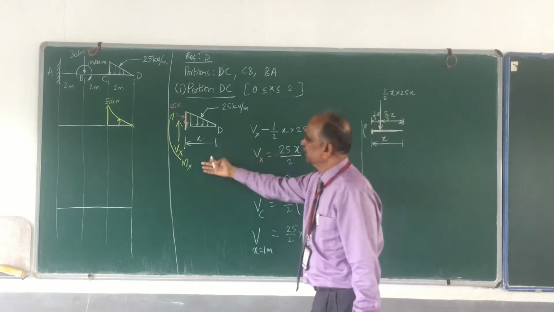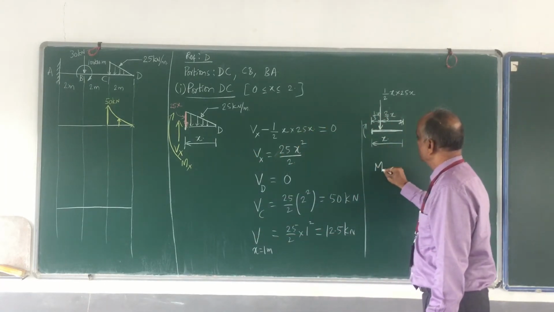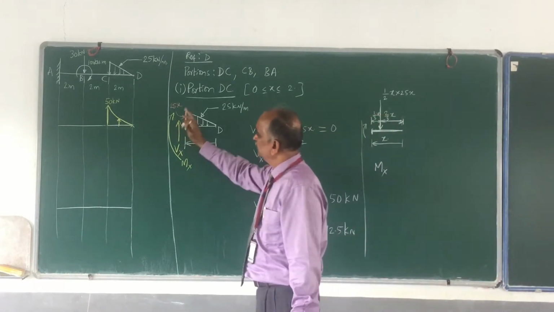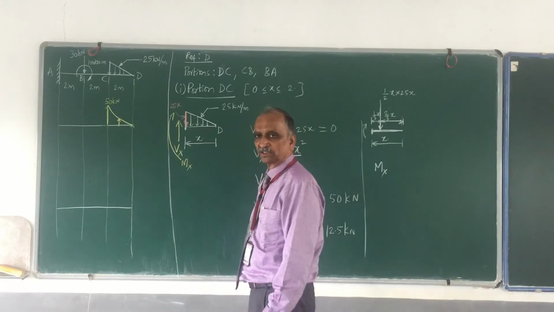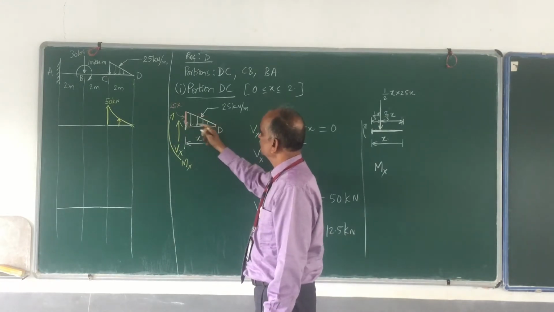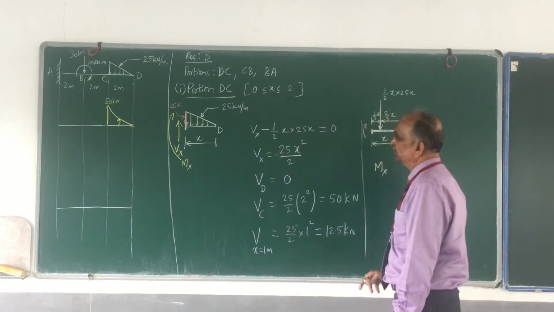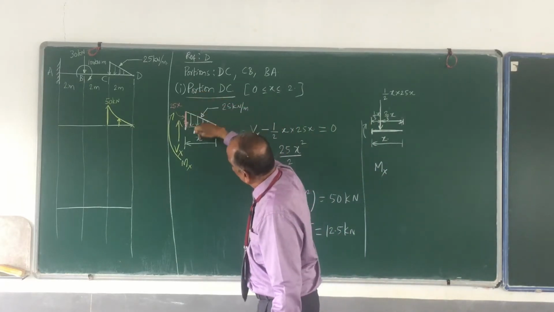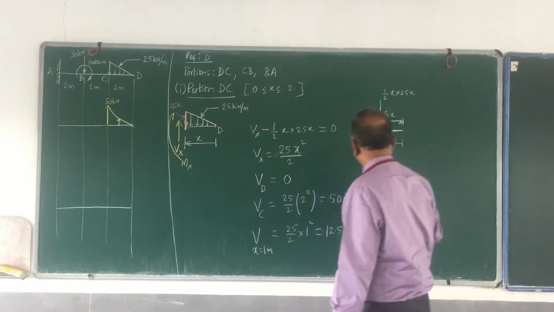Write down the expression now. This is Mx. Vx will not have any moment because it is at that section only. Then you have this force. Is it positive or negative? The load is downwards and about this section it has the same sense, therefore it is plus.